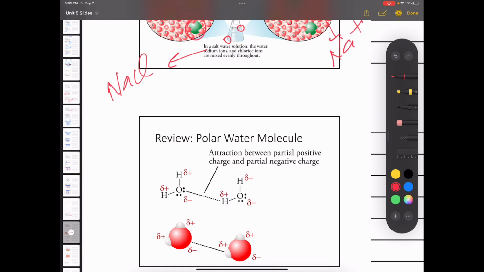In a polar covalent bond, you have one side of the bond where you have relatively more density of negative charge, aka electrons, and on the other side relatively less density of negative charge, which makes one side partially positive, and one side partially negative. This is basically the secret for water being so powerful to dissolve ionic compounds, because the partially positive charge grabs the negatively charged particles, or the anions, of the ionic compounds.